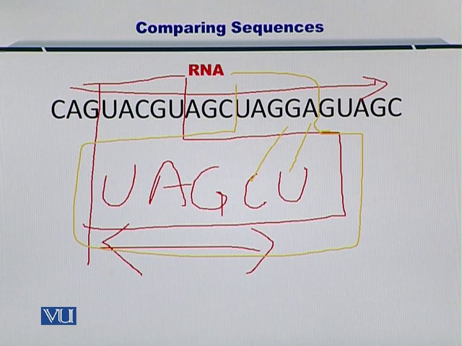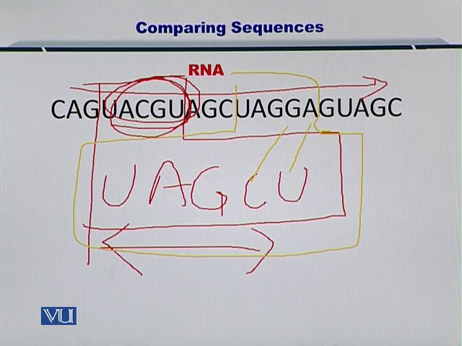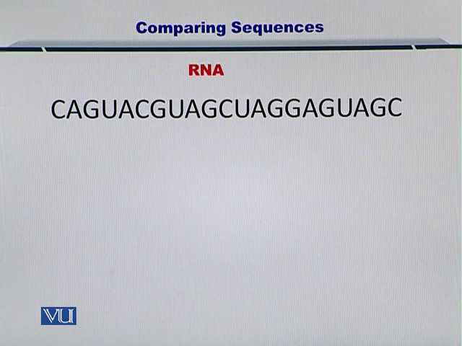The area of the sequence highlighted in red matched perfectly, while this portion matched partially. So you can have these very insightful search results by comparing different sequences.